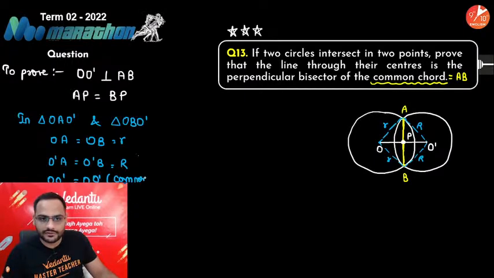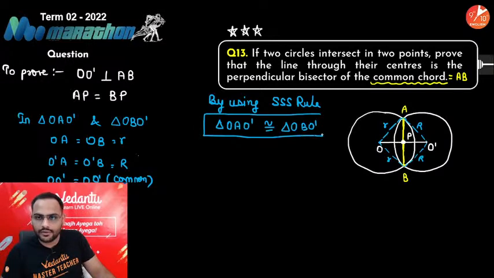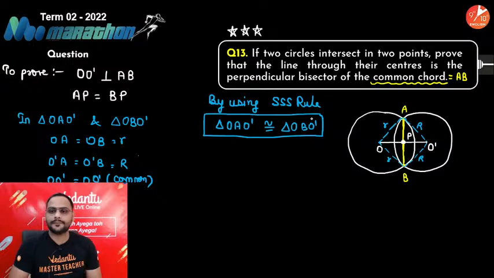So which rule is it, beta? Which rule is it? I can say, sir, by using SSS rule, triangle OAO dash is congruent to triangle OBO dash. Clear hai picture? Is it clear? Yes or no? Clear? Right?